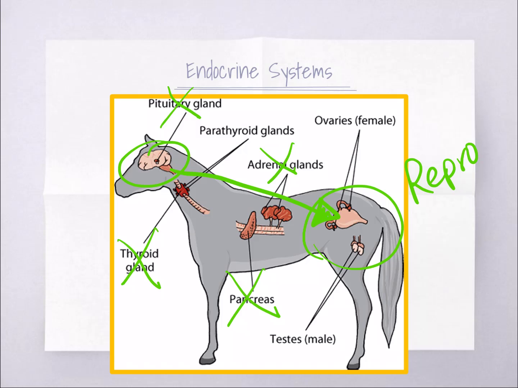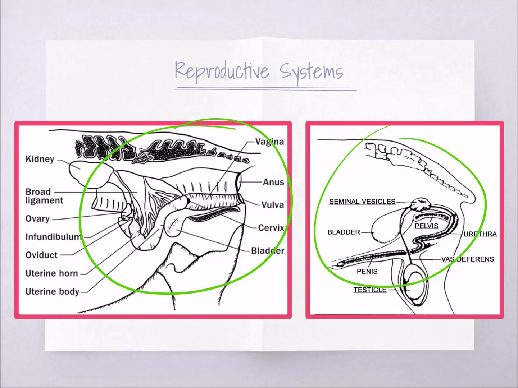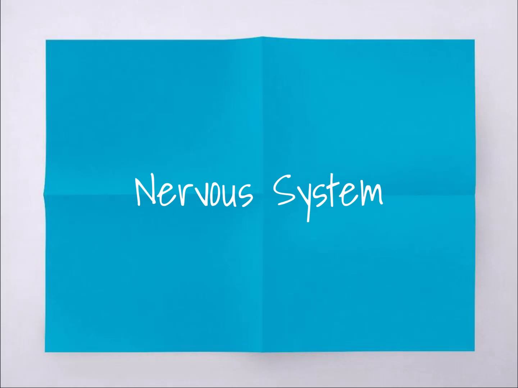We'll get into some of the basics today. And then we'll go into lots and lots of detail about both male and female reproductive systems and livestock species. But the first one that I really want to get into today in detail is going to be the nervous system.